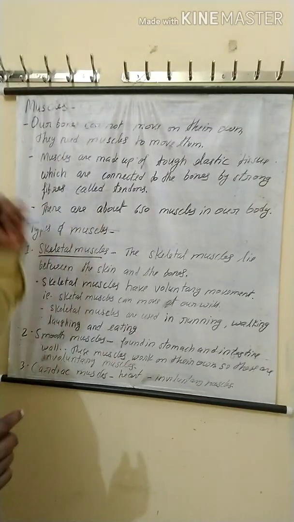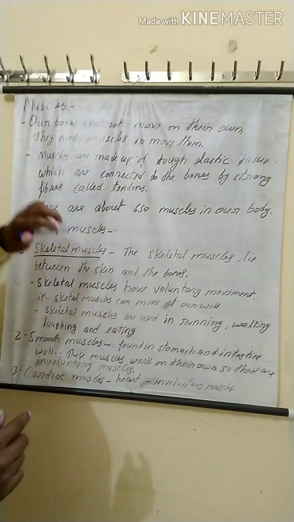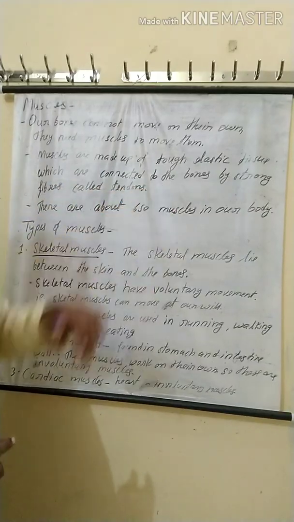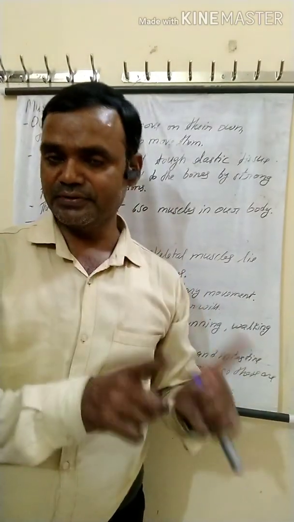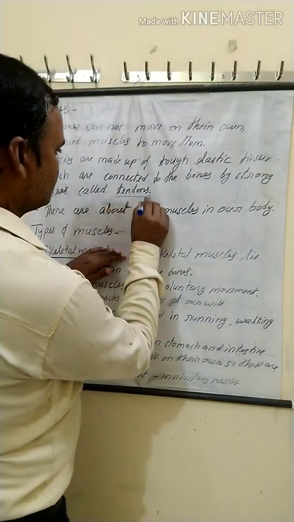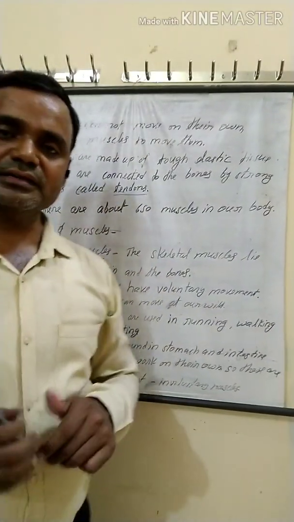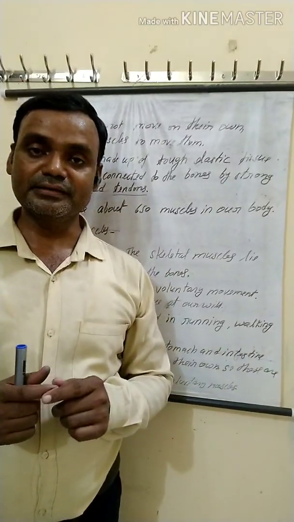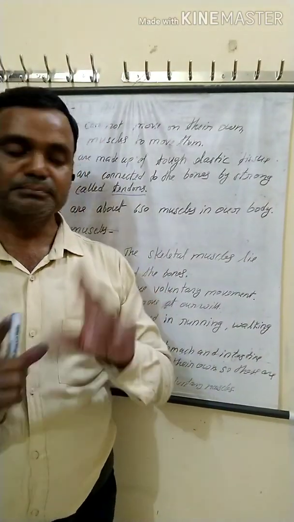Muscles are made of tough elastic tissue which is connected to the bones by strong fibers called tendons. Here is the difference between tendons and ligaments: a ligament connects two bones, but tendons connect muscles to the bones.